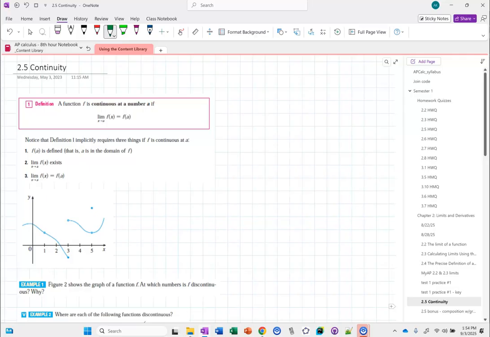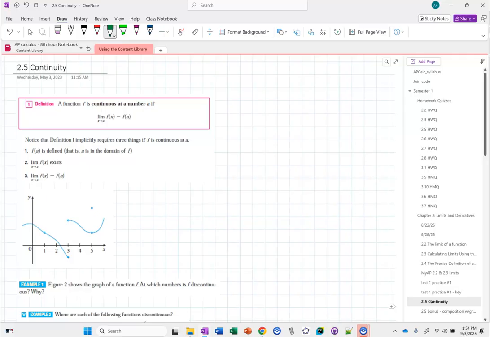So you guys have talked about continuity probably in Algebra 1 and Algebra 2 and pre-calculus, and probably defined it kind of informally as, if I can draw my graph without picking up my pencil, the function is continuous, right? Something like that. What we want to do is take that informal definition and translate it into something that you could prove. So I need to tighten up that definition.